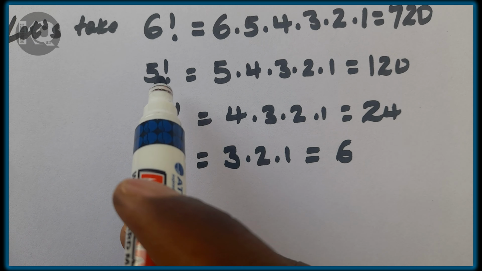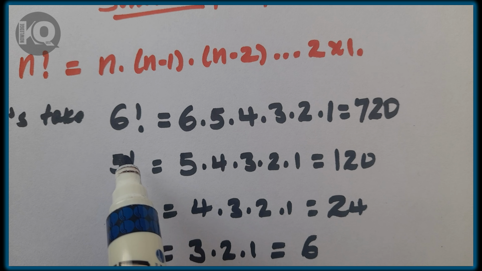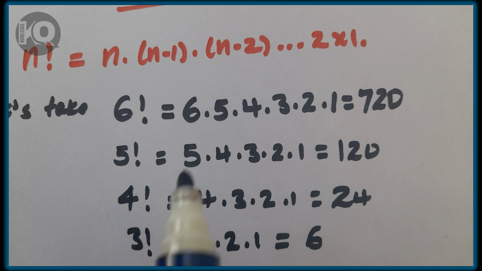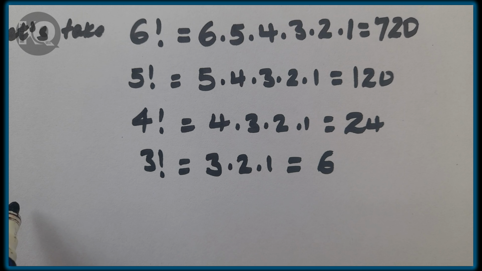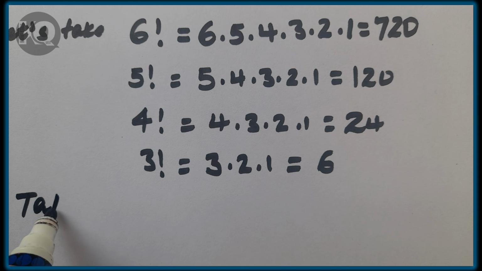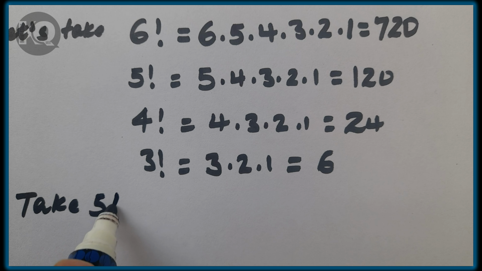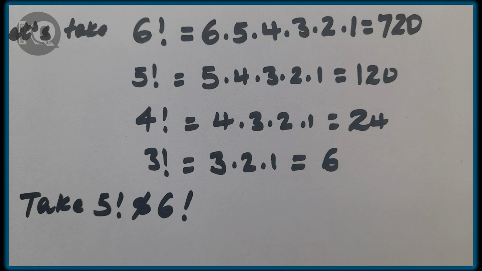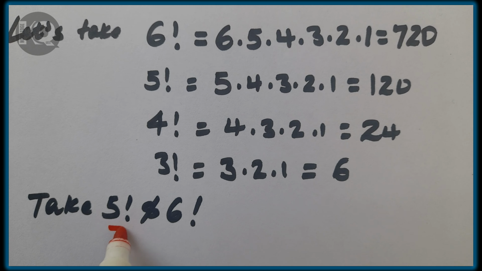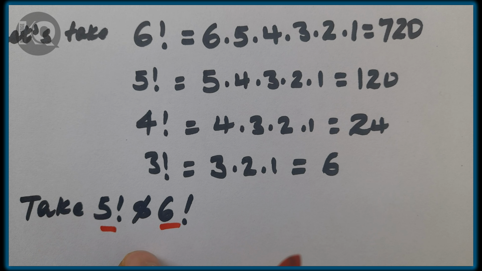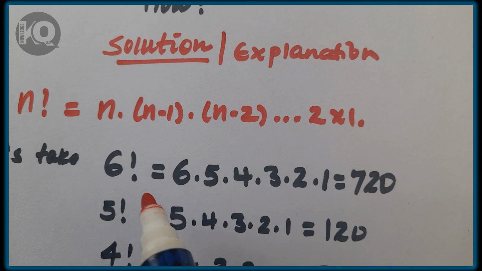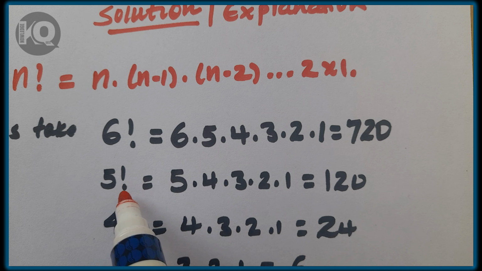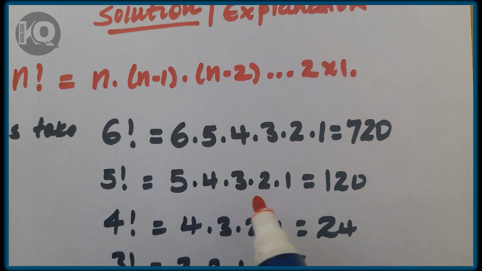So as you have seen, let's take 5 factorial and 6 factorial. Their difference is, 6 factorial is 6 times 5 times up to 1, and 5 factorial is 5 times 4 up to 1.